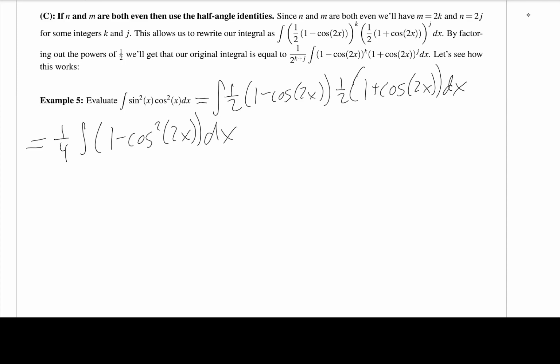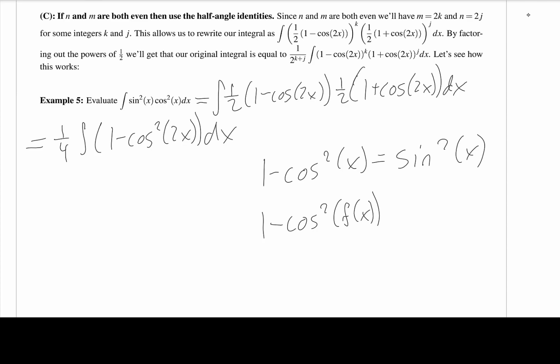Now, here's an important thing. Our identity says that 1 minus cosine squared of x is equal to sine squared of x. I completely agree, that's true. A better way to think of this is that 1 minus cosine squared of some f of x, some function in here, is equal to sine squared of f of x.